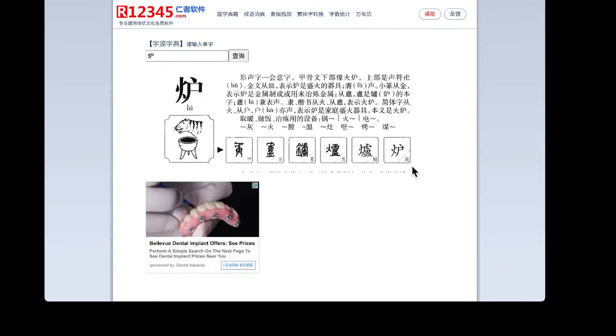So this combines fire and residence together. That means a device that keeps fire inside a residence. So obviously that would be some kind of stove, right? So they build a new character basically. Okay, so this is lu.